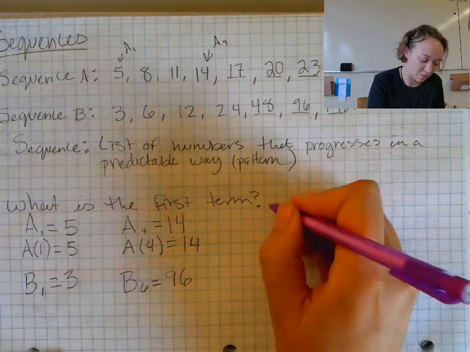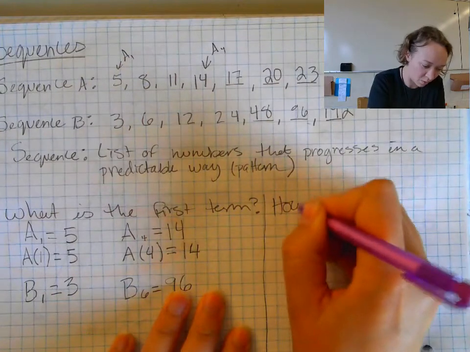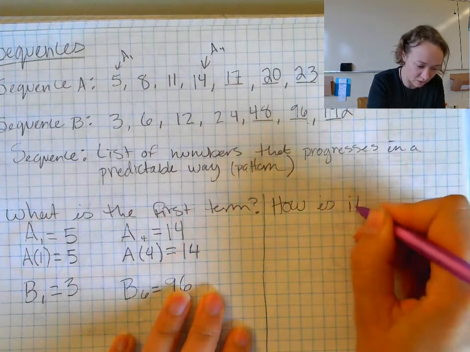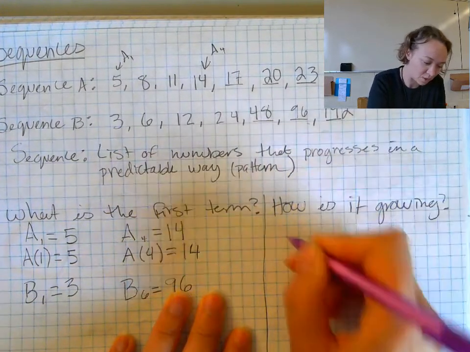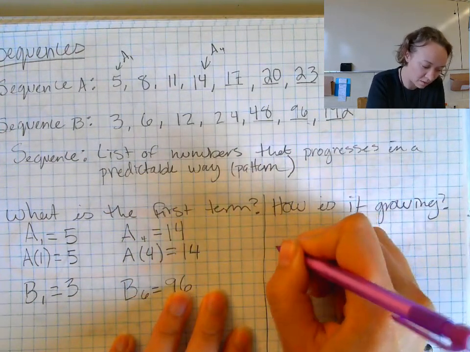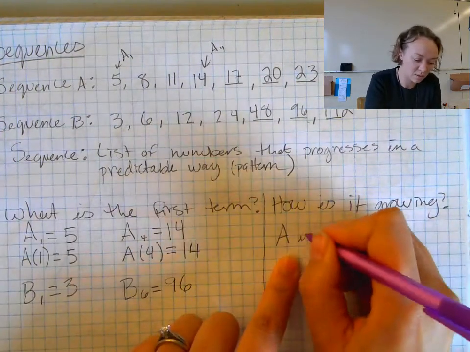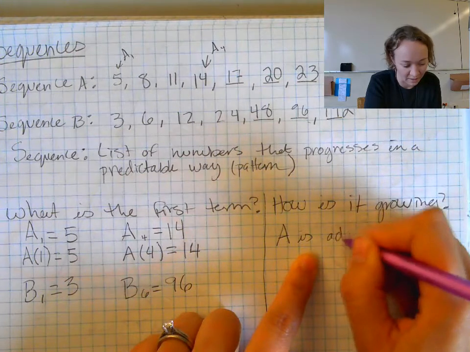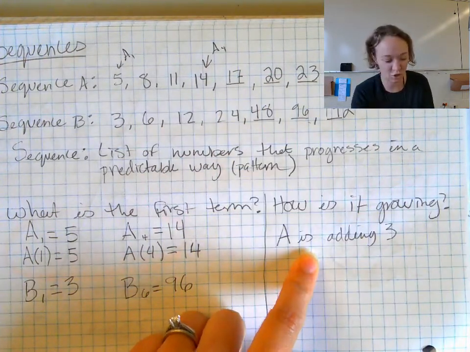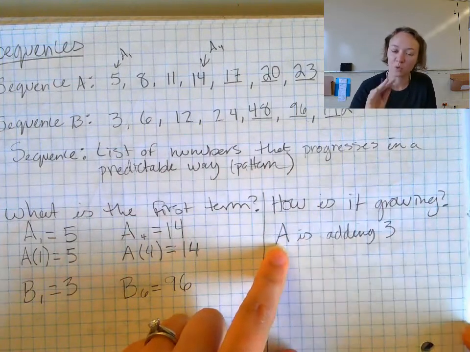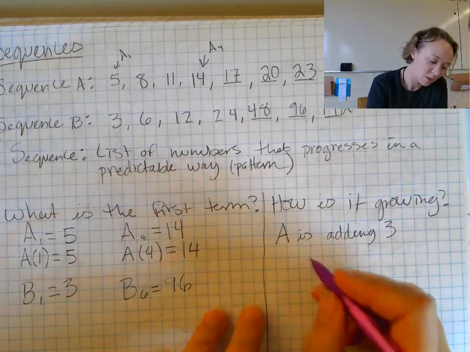And the other thing that we do is we say, how is it growing? So sequence A is growing by adding 3. And there is a math way to say that. We're going to save that for the next video because it gets a little bit confusing.